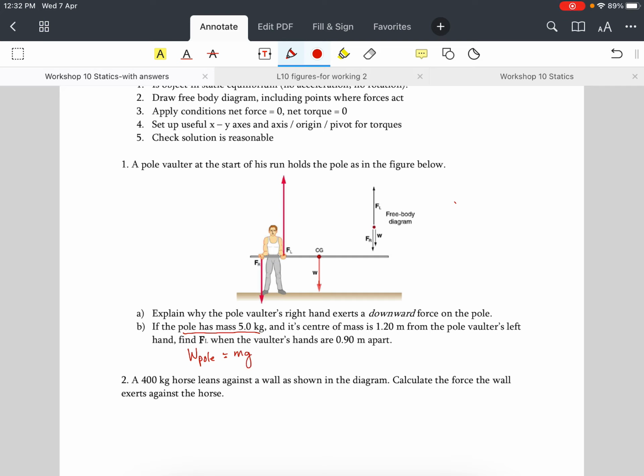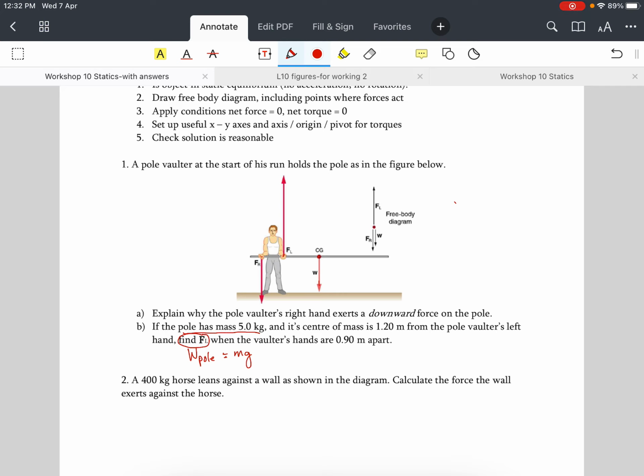And since the mass of the pole is given, then we know what the weight of the pole is. So we should not put the pivot point at the position of the weight force, because we know the weight force. Now the force on the left hand and the force on the right hand, we don't know either of those forces. In fact, we are being asked to find what's the force exerted by the left hand, Fl.